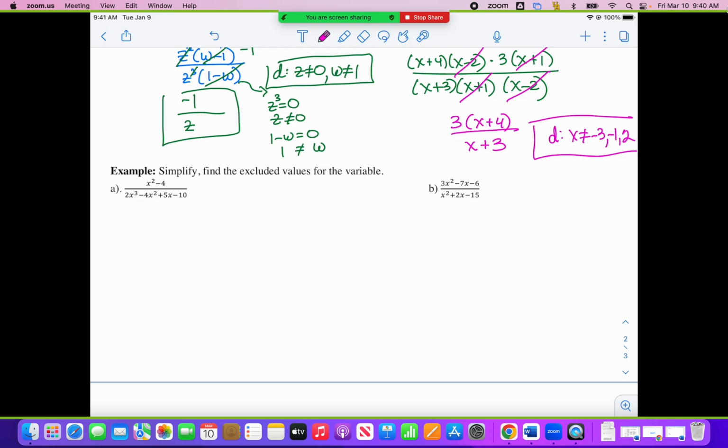X squared plus 2x minus 15. Sometimes I start with my denominator and work my way backwards to the numerator. Then I'm like, okay, it's either going to have an x plus 5, x minus 3 component, or whatever the signs are.